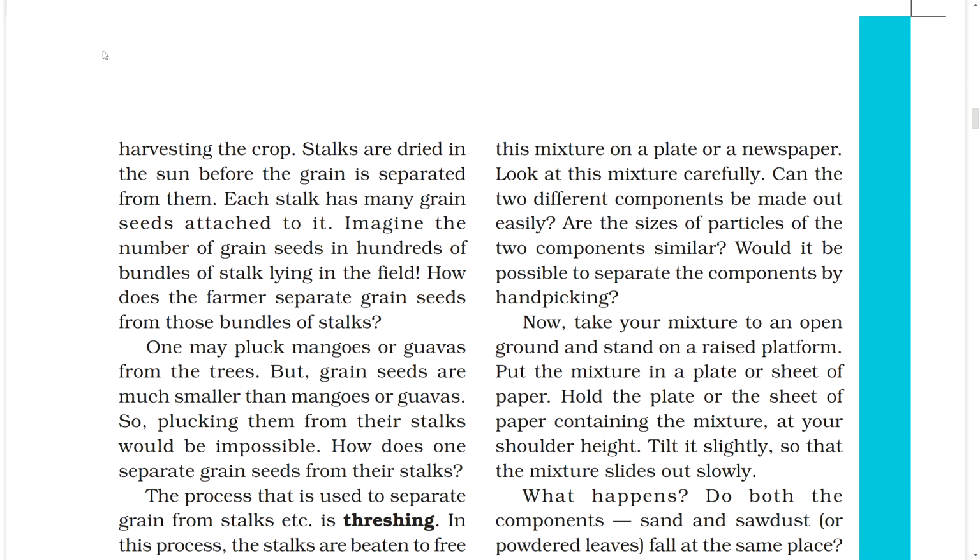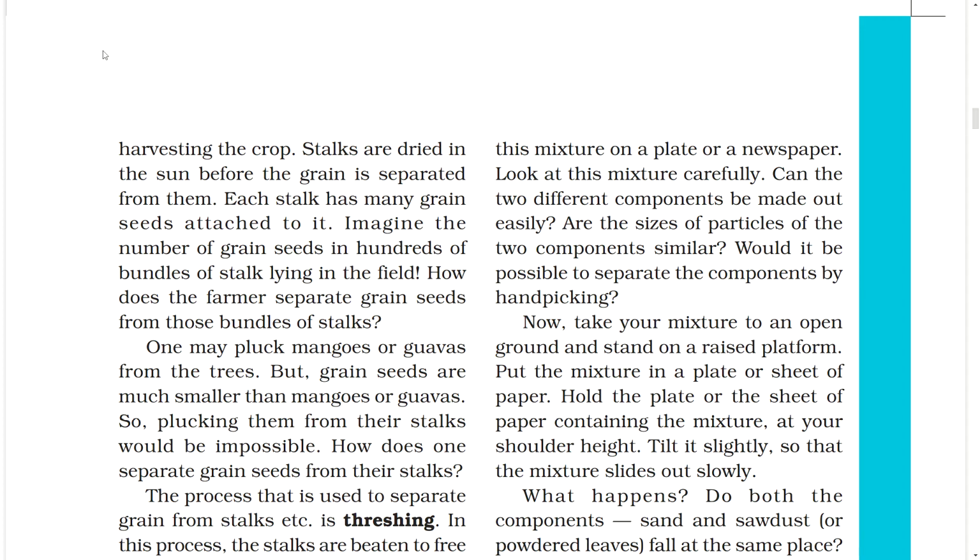How does the farmer separate grain seeds from those bundles of stalks? One may pluck mangoes or guavas from the trees, but grain seeds are much smaller than mangoes or guavas. So, plucking them from their stalks would be impossible. How does one separate grain seeds from their stalks?